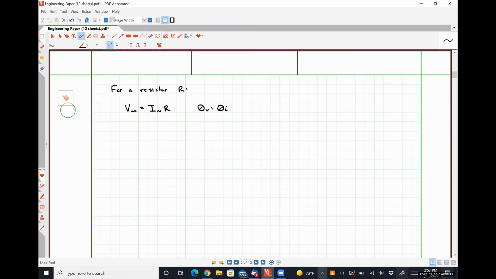So I can use these two relationships to find that the instantaneous power absorbed by a resistor, PR of t, can be expressed as 1/2 Vm squared divided by R times 1 plus cosine of twice omega t plus twice theta v.